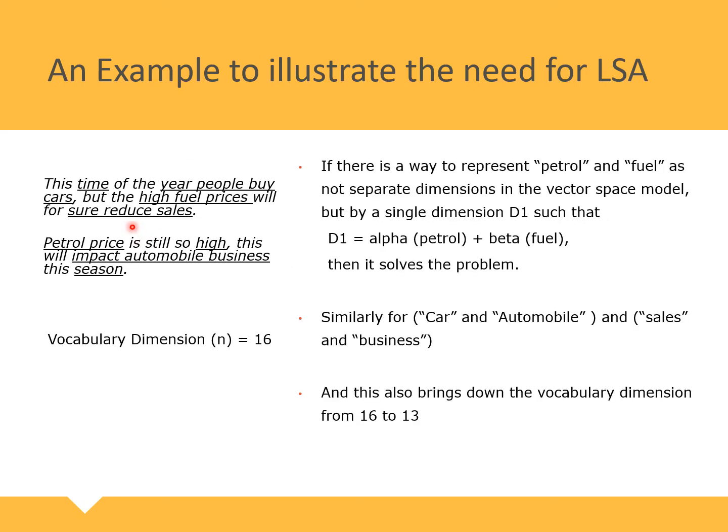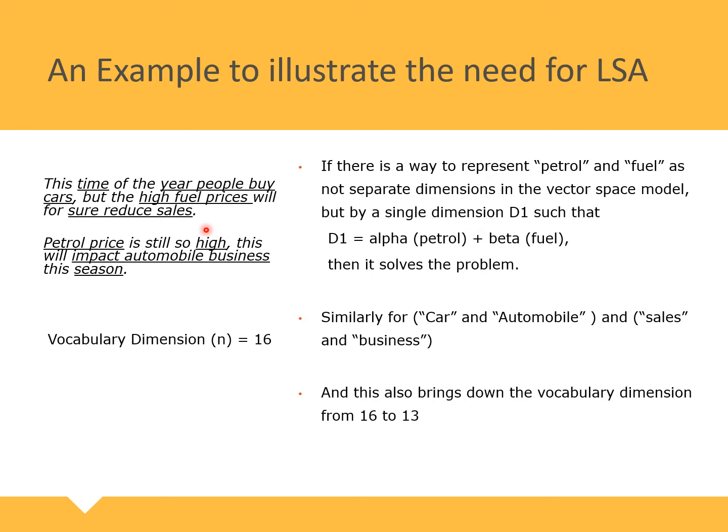So intuitively, what can be a solution to this problem? If you see what creates the problem in these two sentences, the problem arises from the fact that even though the sentences are semantically the same, the words with which the meaning has been expressed are quite different.